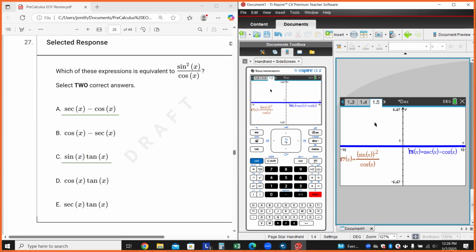Why does it get extra parentheses here? It's actually super easy, but you have to know your trig identities.